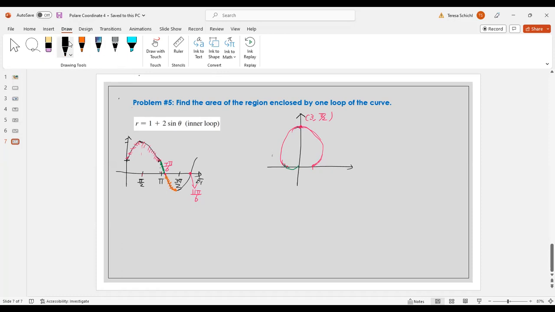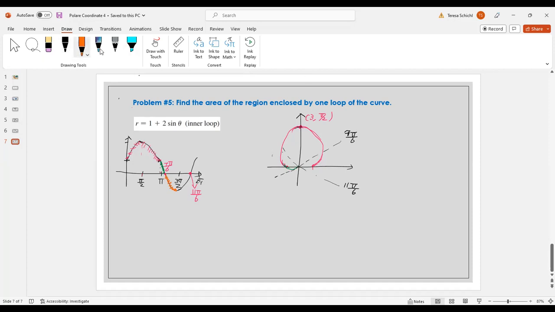When we do this, remember we draw a dotted line, which will help you. This line here is when we reach 7π/6, and this is the dotted line when we reach 11π/6.